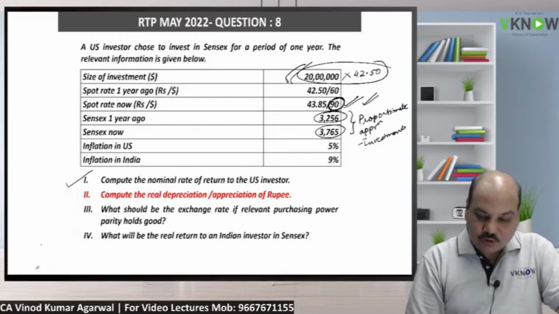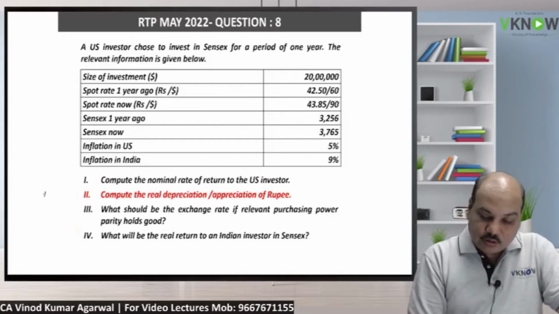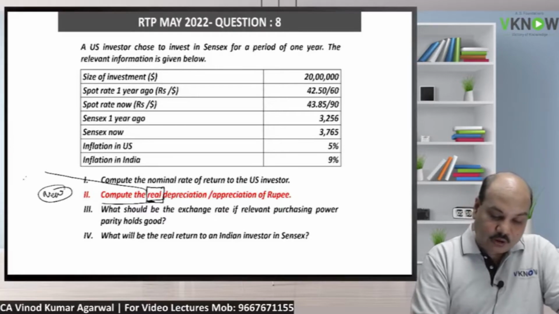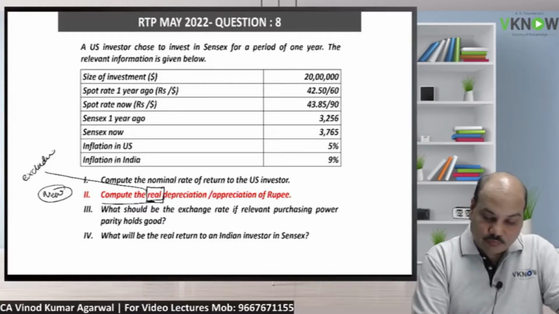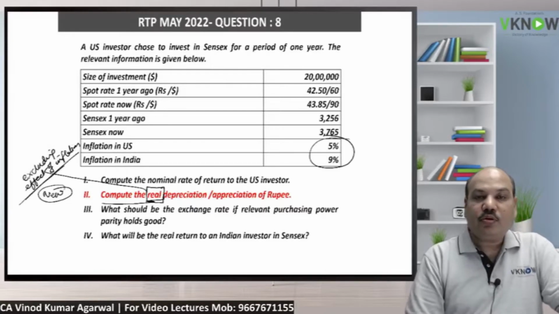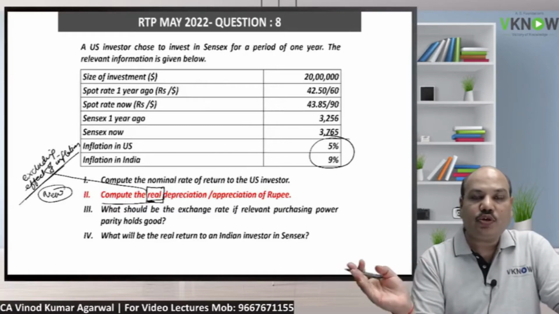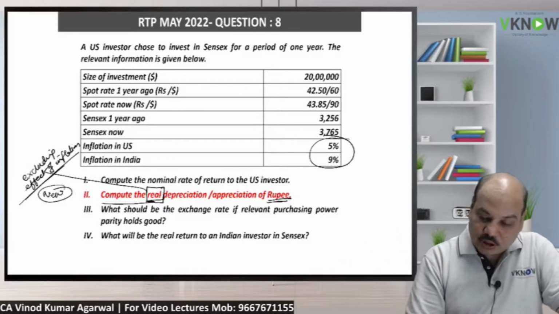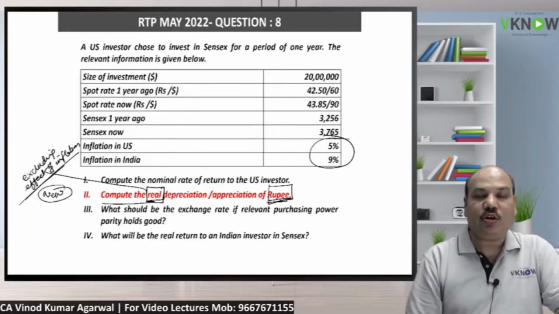Doesn't require extraordinary knowledge. This is a new question, write down. The question is, what is the real appreciation or depreciation? Real means excluding the effect of inflation. The question gives you some inflation rate. If inflation was not there, what was the real appreciation or depreciation, underlined in rupees they are asking, not in dollar.